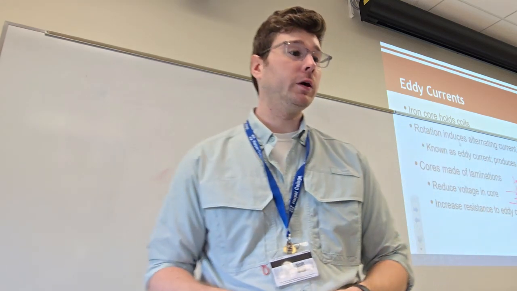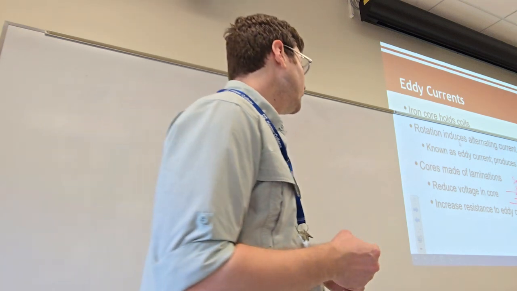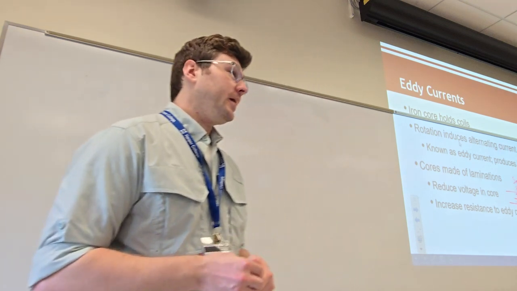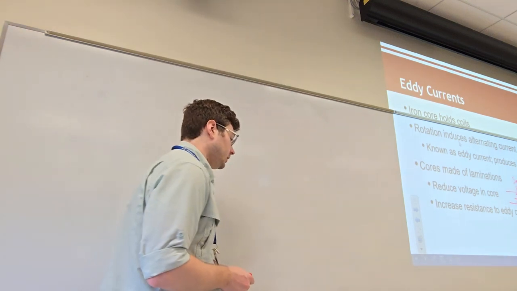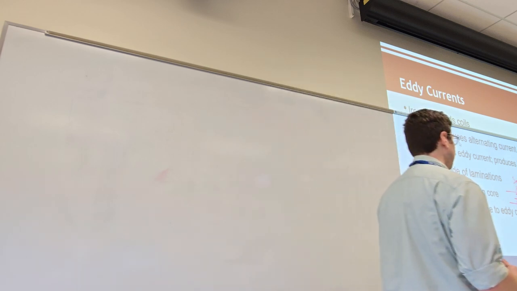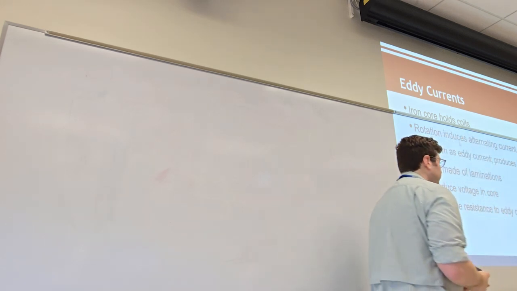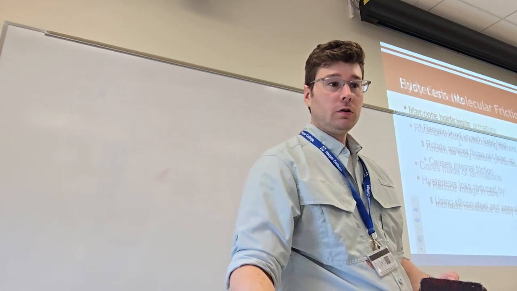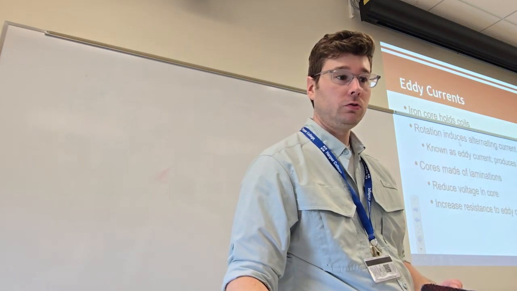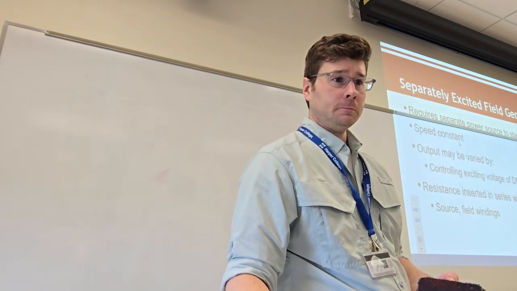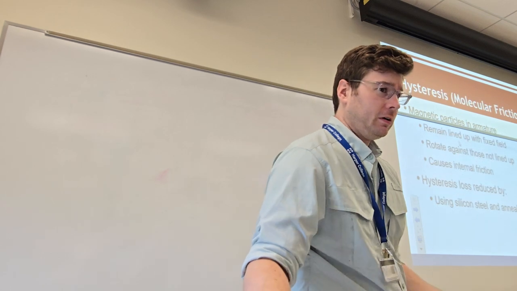All right, so this becomes yet another thing that we can mitigate or improve in terms of motor design, generator design. How do we deal with this issue? The way that we deal with this issue is that we avoid large blocks of material.